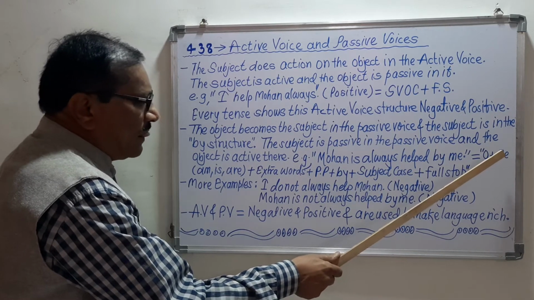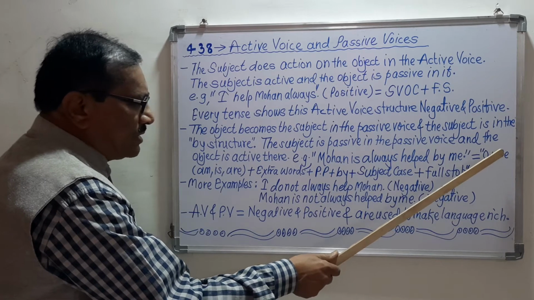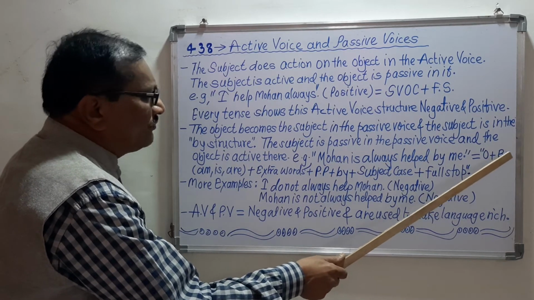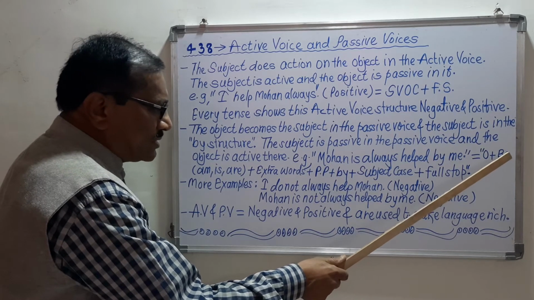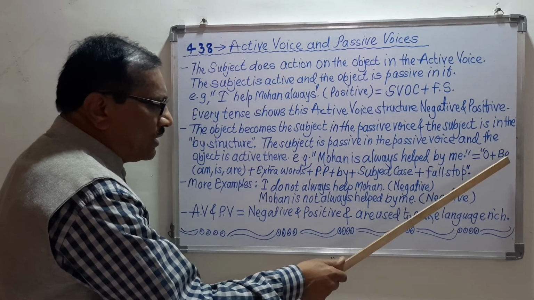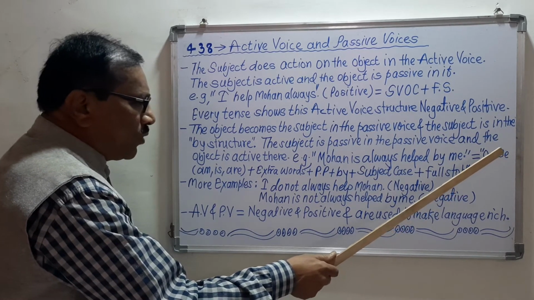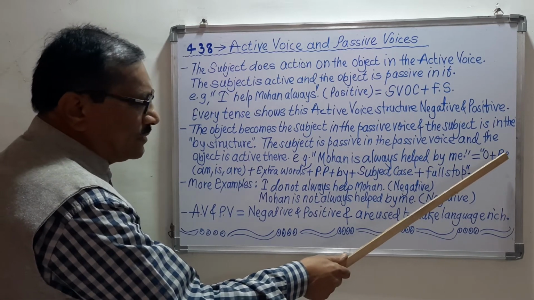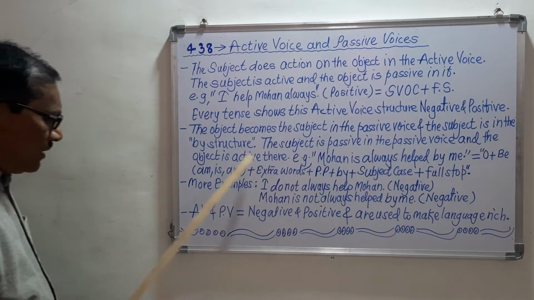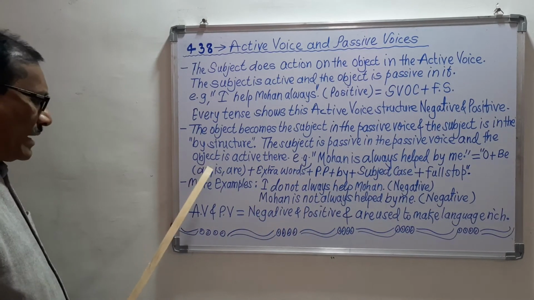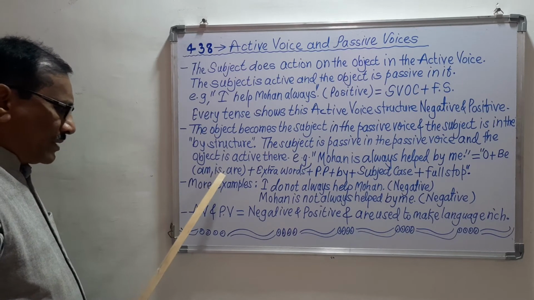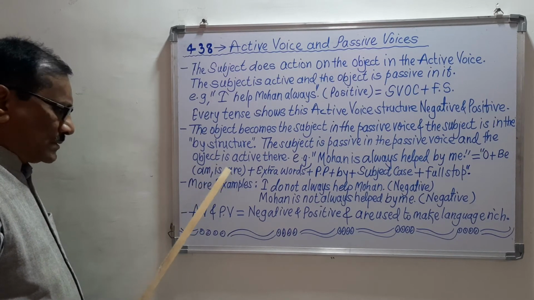If there are the subjects he, she, it, then we use is, and if there are plural subjects, such as you, we, boys, girls, then we use are. So this is the B, and here in the bracket is am, is, are, so we can take am, is, are when we prepare the passive voice of the active voice.